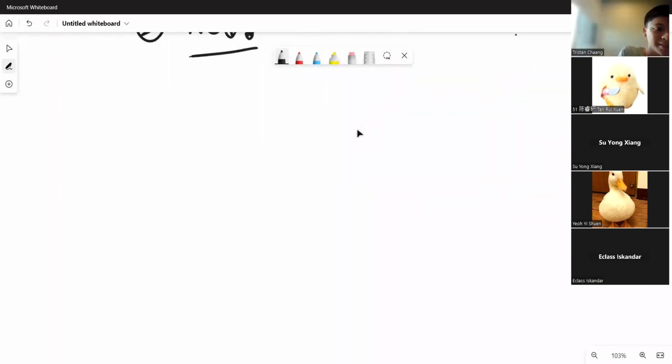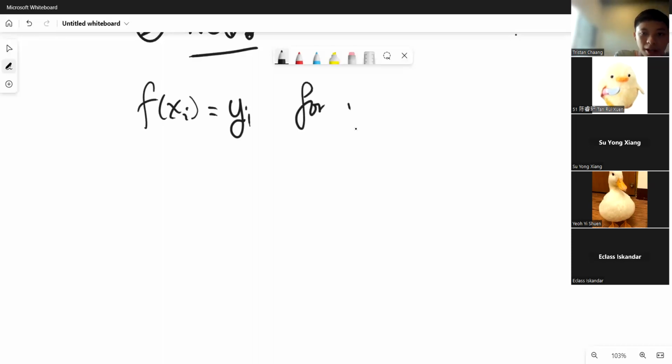So the setup of Lagrange is, if we have f(xi) equals yi for i equals, say, 1, 2, 3, until n. So it agrees at n values.